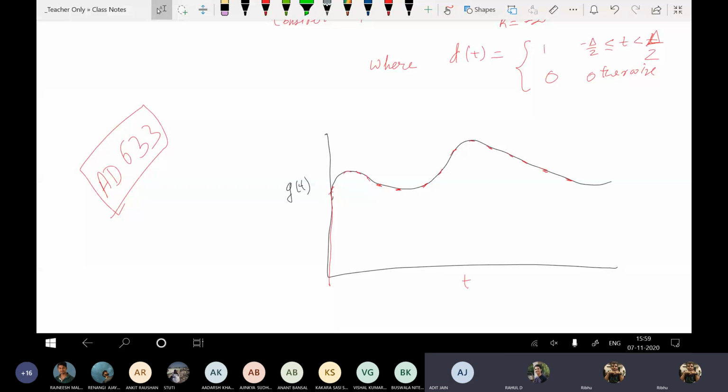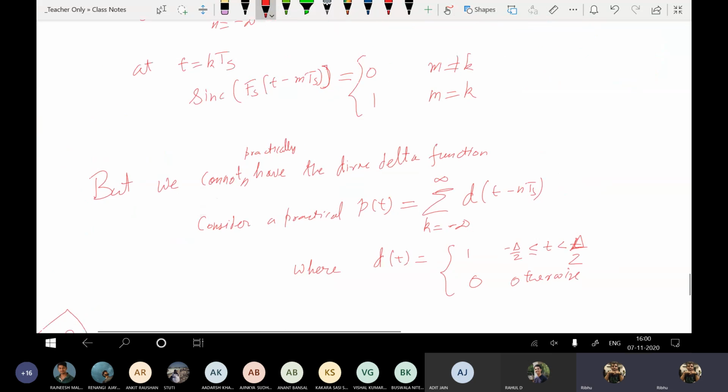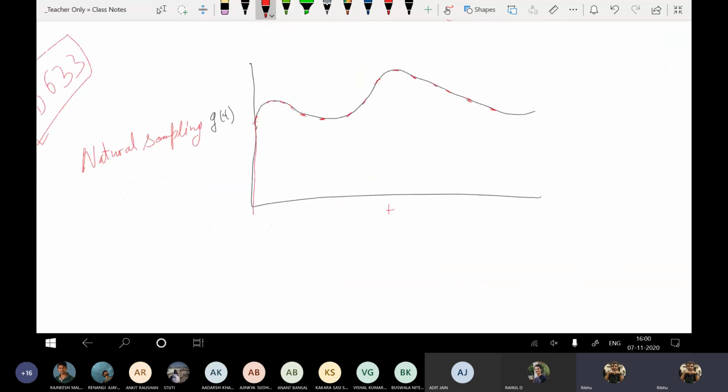Since this form of sampling is called natural sampling, for this we will again first require the Fourier series coefficients of p(t).